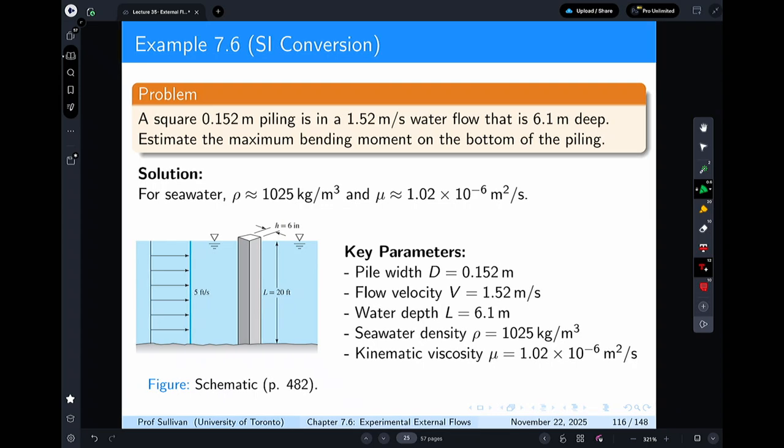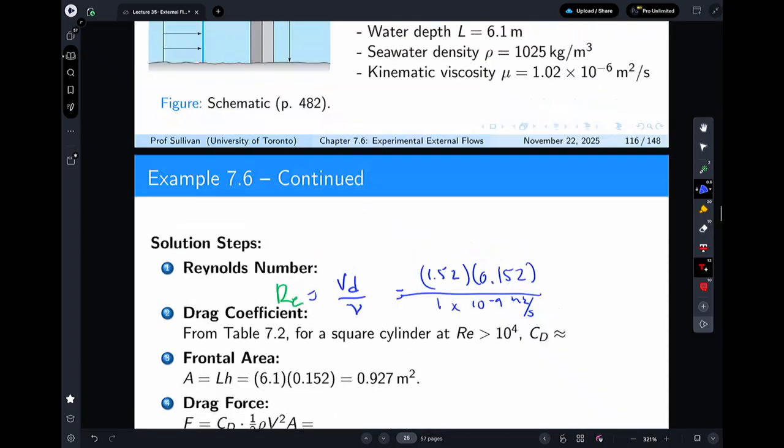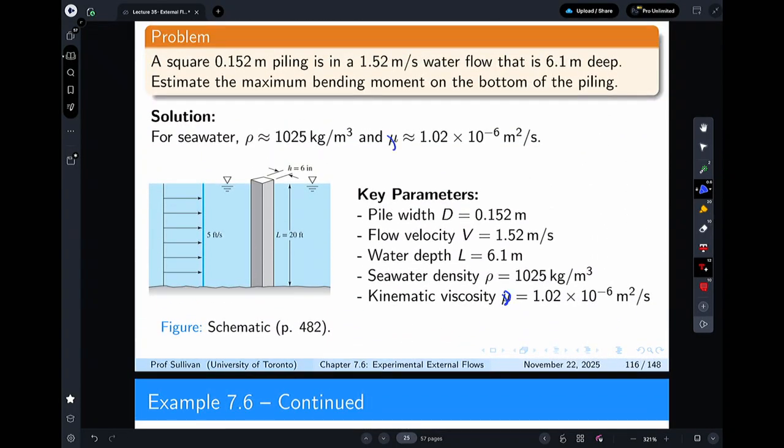Okay. Reynolds number is going to equal, that was wrong on the previous slide, nu is 1.52 times 10 to the minus something.